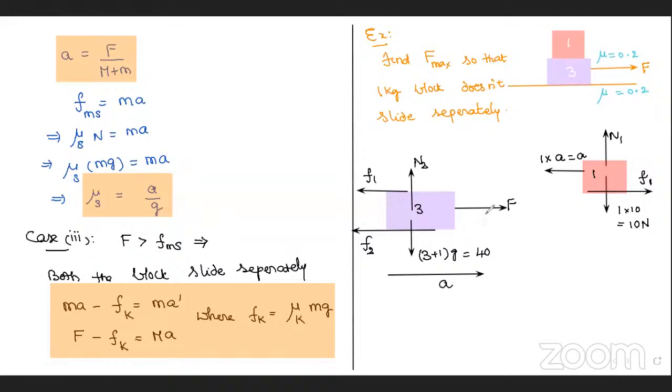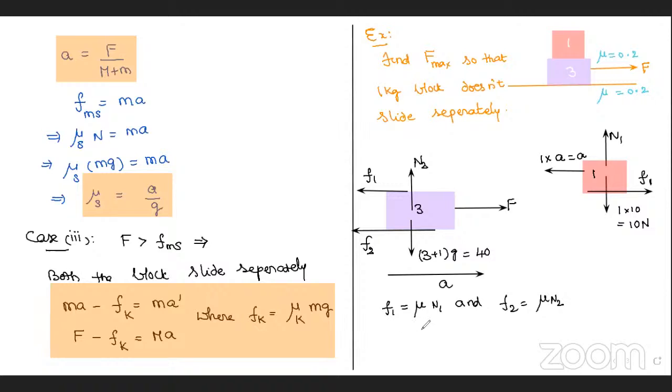No, very good. So he is asking F is F maximum, not to slide, like case 2. Case 2 means F1 should be equal to FMS, and F2 is also FMS. So F1 equals FMS means mu into N, where N is N1, and F2 is also FMS, that is mu into N, where N is N2.